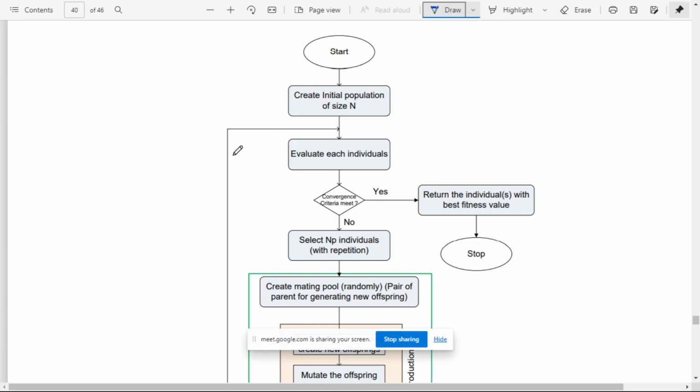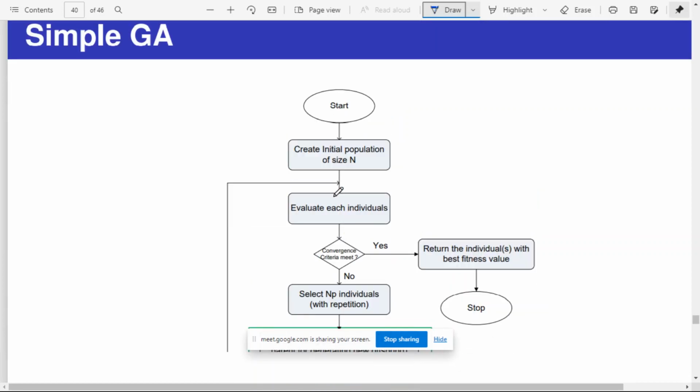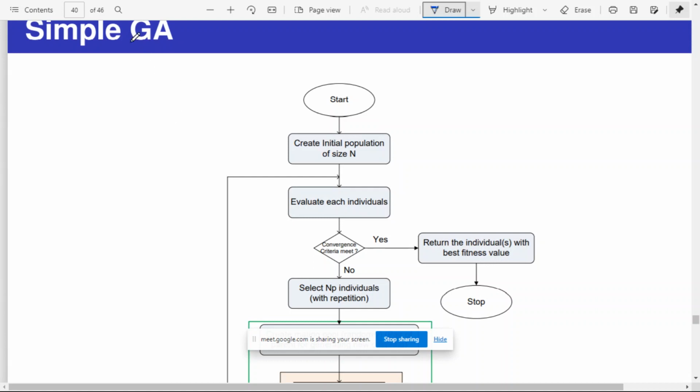Once the new offspring is created, again we check whether convergence is met or not. If not, we identify a mating pair and create new offspring by crossover, mutation, and inversion. This process continues until we get a convergent solution, right? This is the generic working principle of a genetic algorithm. This flow chart explains the working of a simple GA.